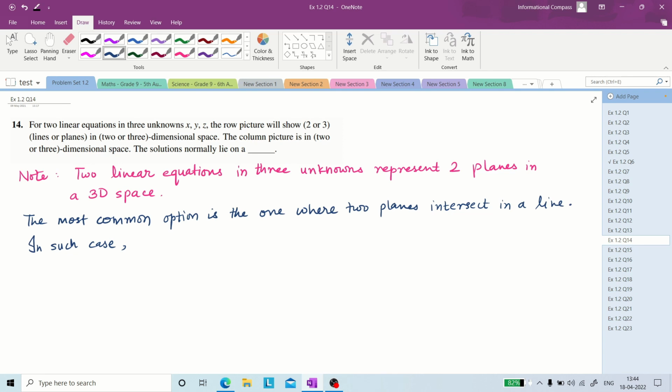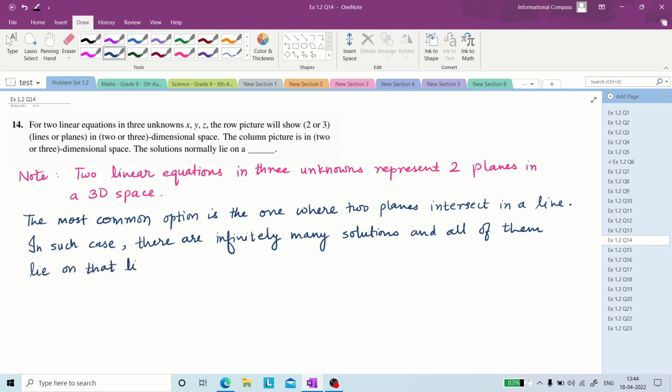In such case, there are infinitely many solutions, right? Because 2 equations, 3 unknowns. So there are infinitely many solutions and all of them lie on that line specifically. I hope this is clear. So what's the result?